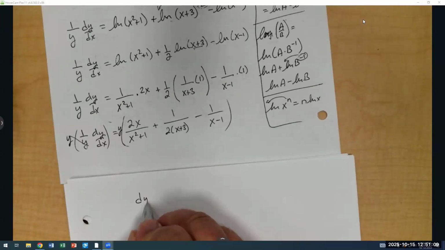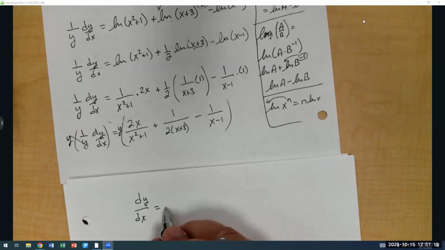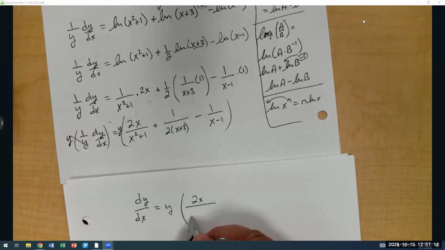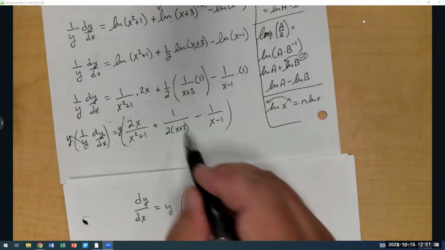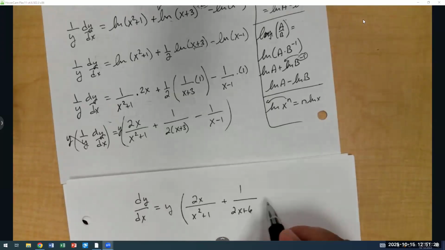So our dy/dx is equal to y times this whole thing. I'll just go ahead and distribute that one. So it's 2x plus 6 on the bottom there.